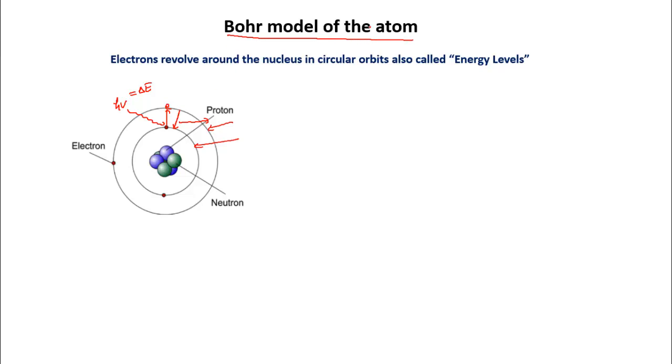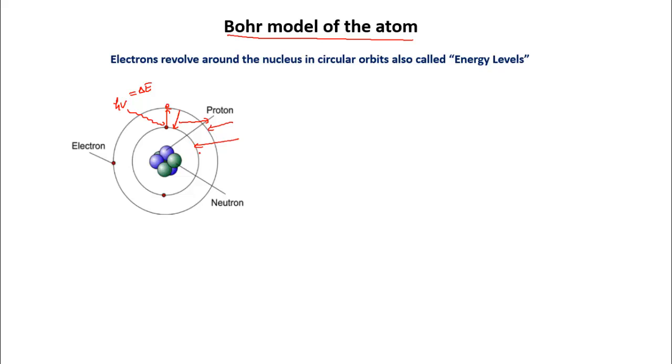So according to Bohr, within the different shells of an atom, you can excite electrons from lower energy levels to the higher energy levels. And as we move away from the nucleus, the energy of these orbits, these shells, keeps on increasing. So that means the lowest energy level is the one which is close to the nucleus.